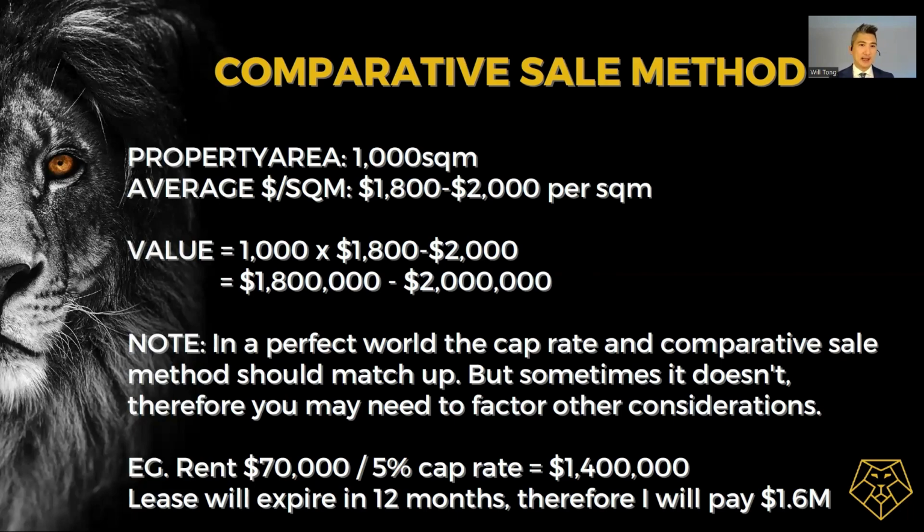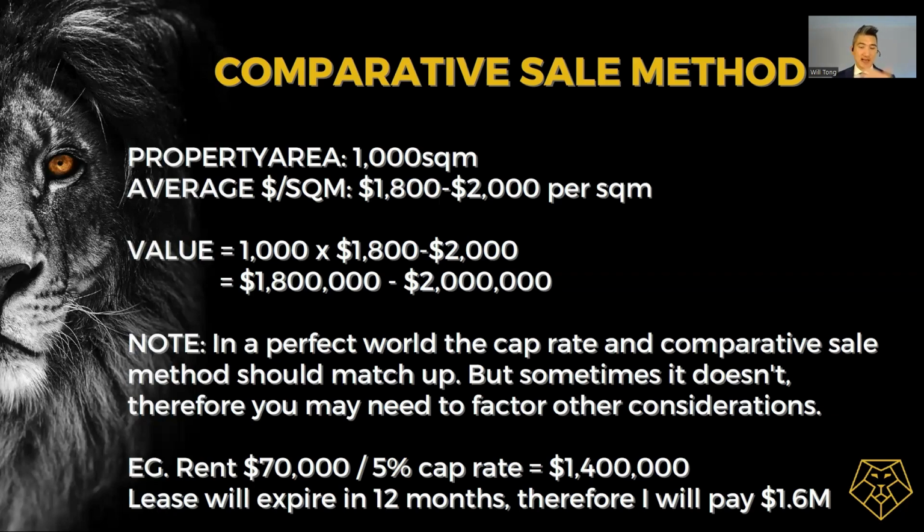Let's say the property is under-rented, because the current landlord is a nice guy and has never increased the rent. We know that the market rent is $100,000, but the tenant is only paying $70,000 at the moment.